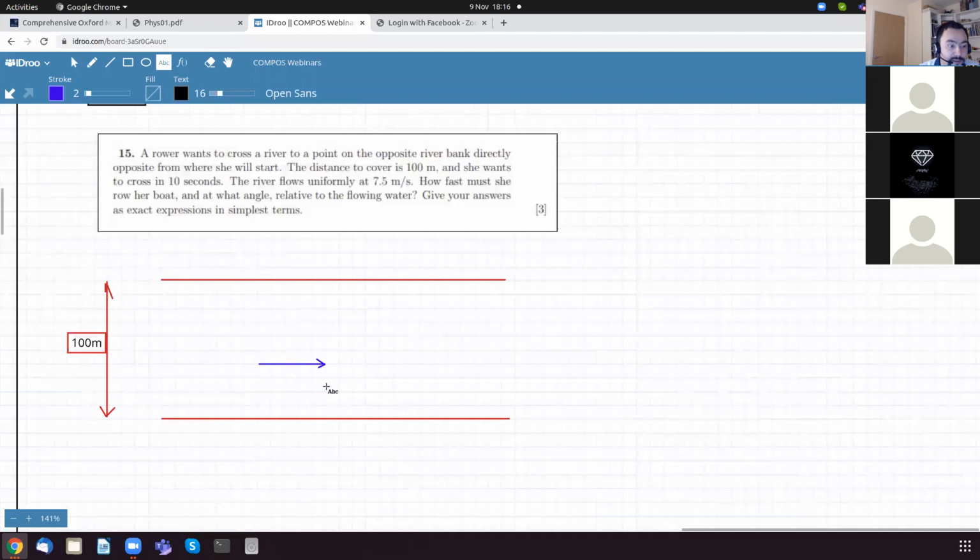So 7.5 is the velocity of the water. Her plan is to travel at 10 meters per second this way. If you're not sure why it's 10, it's quite straightforward: it's 100 meters she wants to make. This is her speed relative to the ground, which is 10.